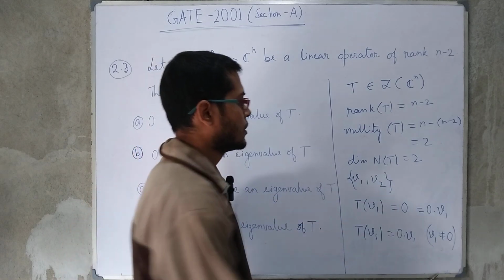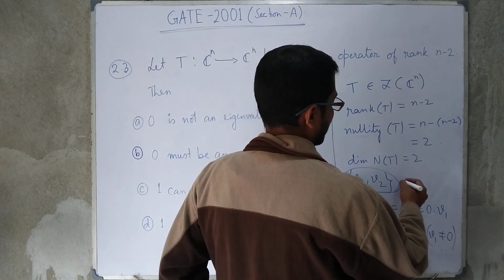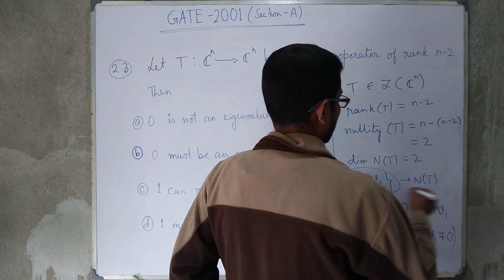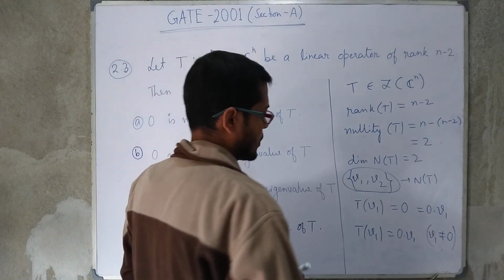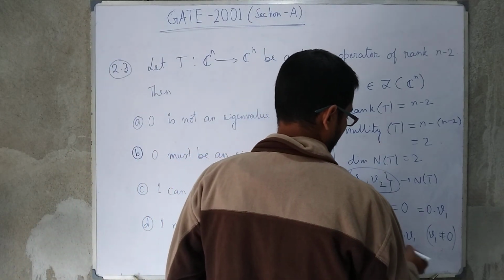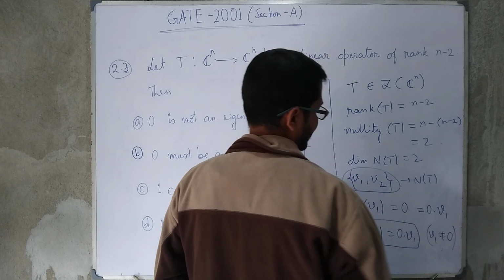V1, V2 is the basis of the null space of T, and a basis element cannot be the zero element. So we are getting T V1 equals 0 times V1.